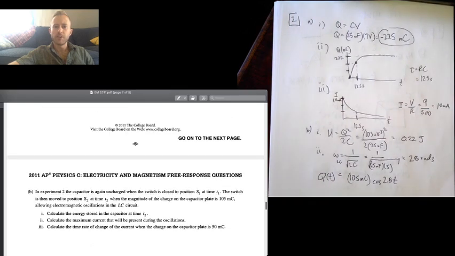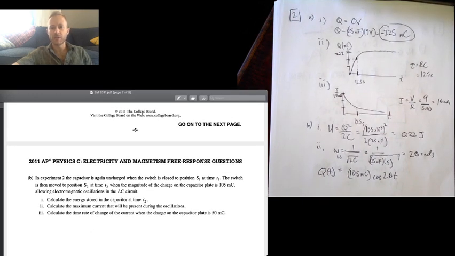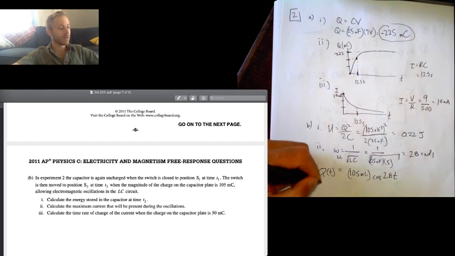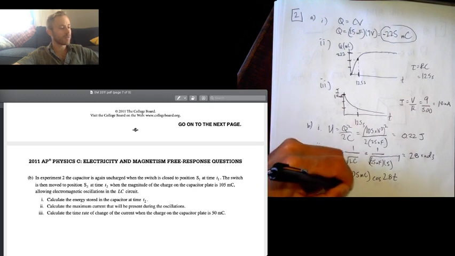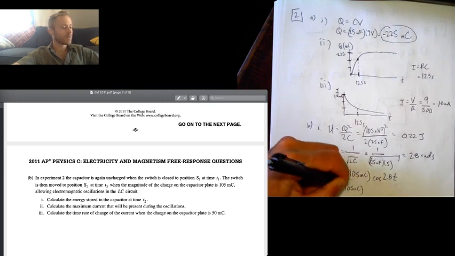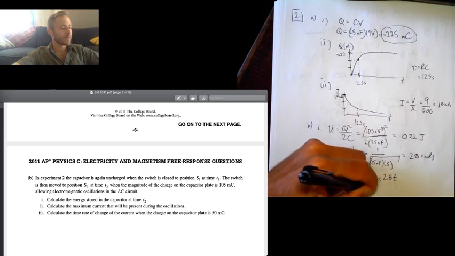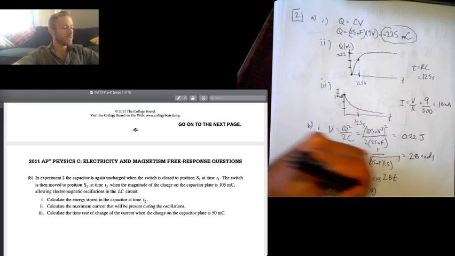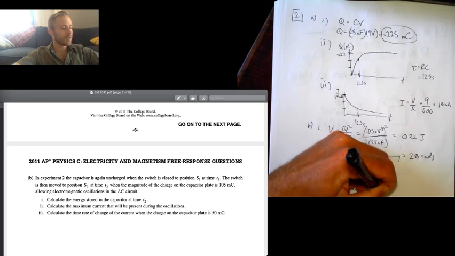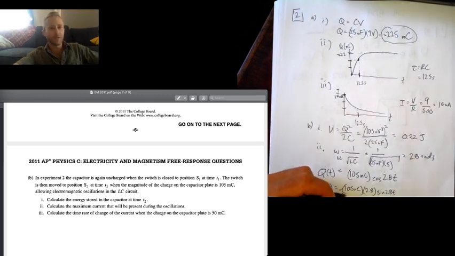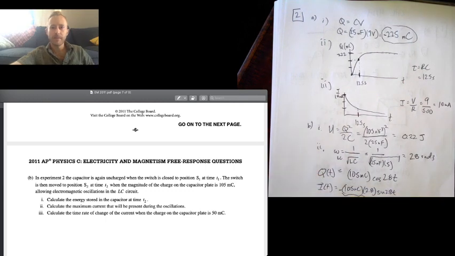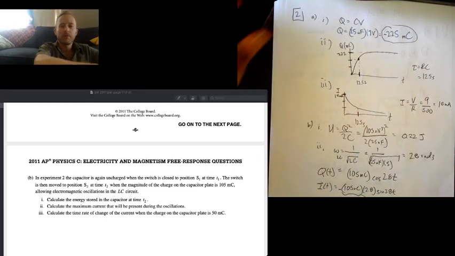So part 2 says calculate the maximum current that will be present during the oscillations. If I take the derivative of that, I get that the current as a function of time is 105 millicoulombs times 2.8 times negative sine of 2.8t. It's fairly easy to see that the maximum current would just be this expression right here, 105 times 2.8.